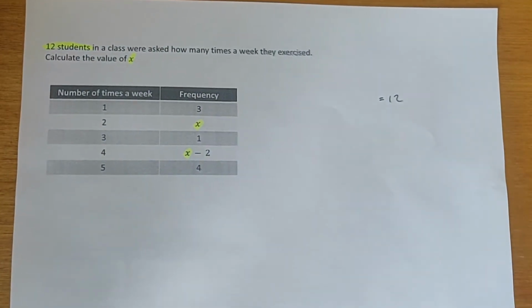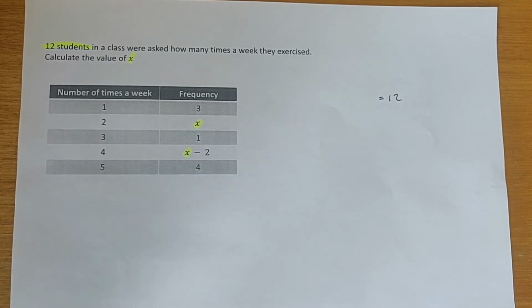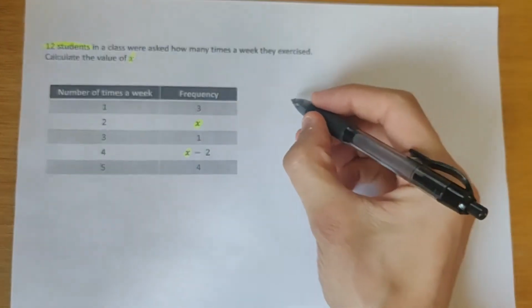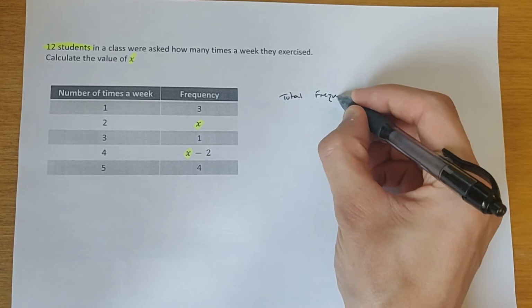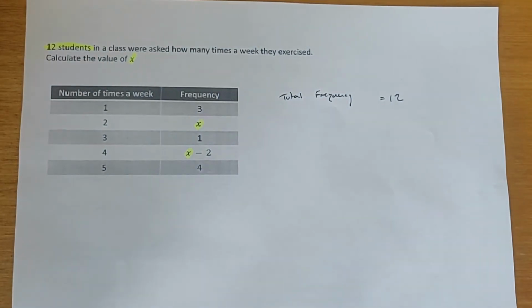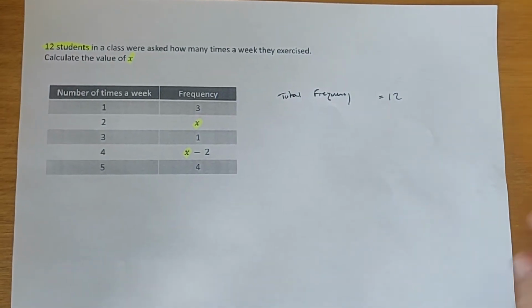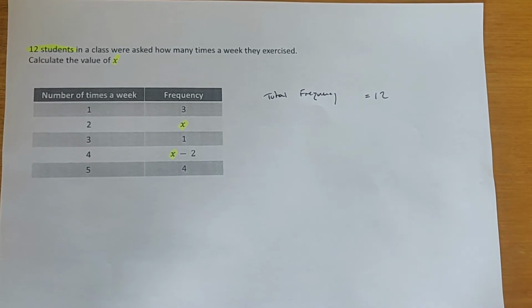Now, if we're told that there are 12 students in a class that have been asked, that means I know that the total number of responses I have should be 12. That means that my total frequency should be 12. Okay, the total frequency should be 12.